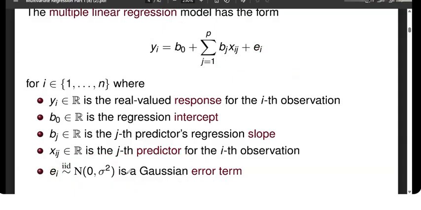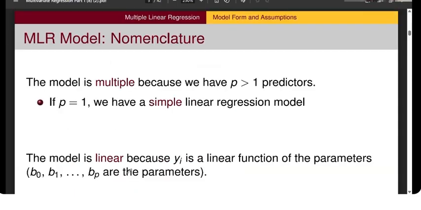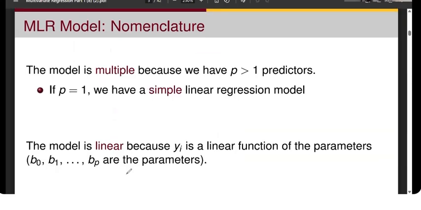Now I'm moving on. When you talk about multiple linear regression, we have a special form of multiple linear regression. So what if you have only one predictor and you have one outcome? I'm going to say that again.